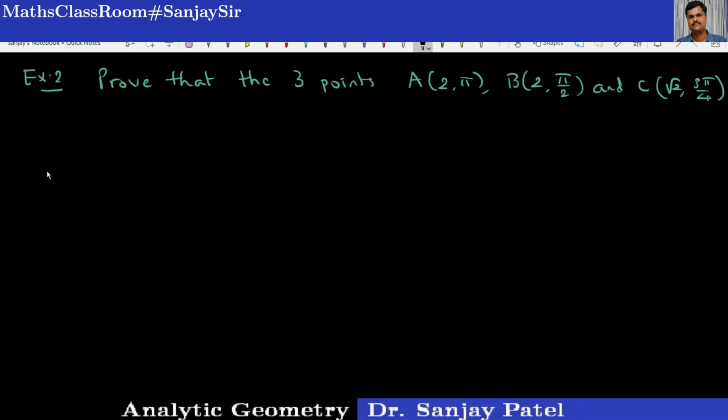Prove that these 3 points are collinear. Okay. Remember that these points are given in the polar coordinate system.